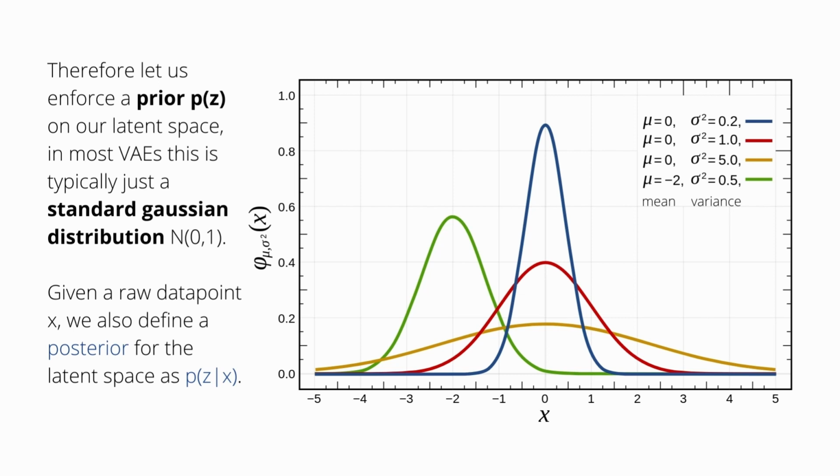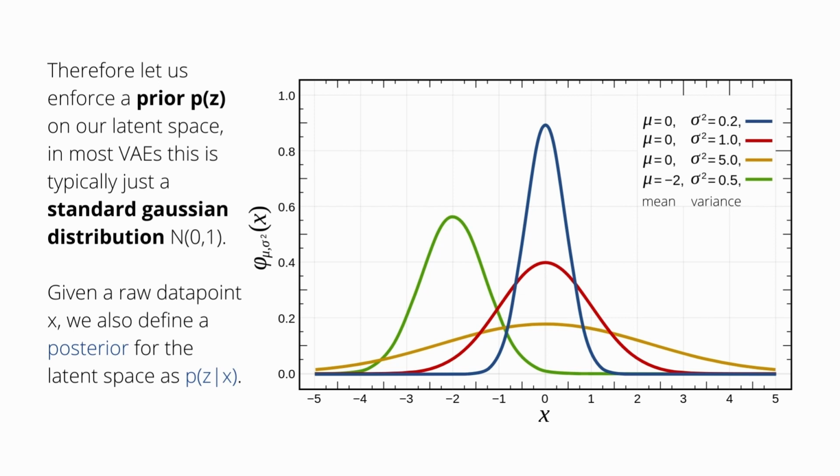And as you can see here, for mu 0 and sigma squared 0.2, we have the blue distribution curve. For sigma squared equal to 1, we have the red one. And if you want to shift the mean to -2, we have here the green curve. And you see here, beautiful, our probability distribution.